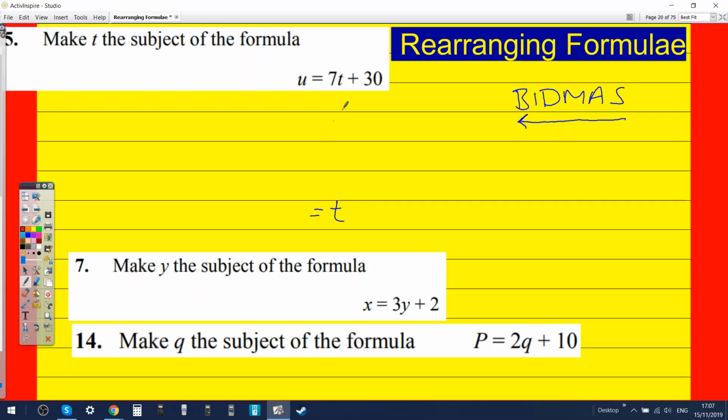So minus 30 on both sides, and then divided by 7. So T equals U minus 30 over 7. Yeah, over 7.